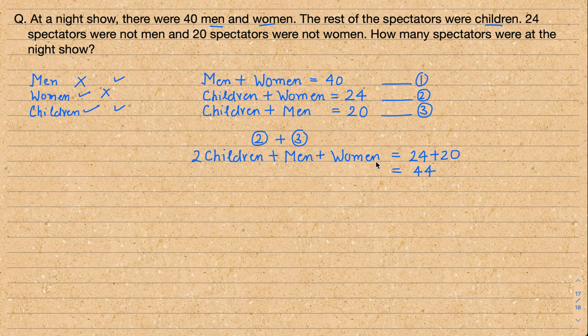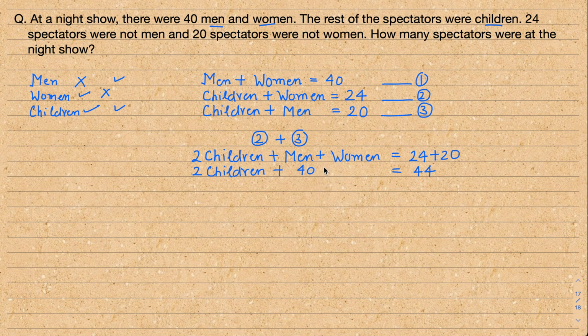Men plus women is 40, and children we don't know, we still have to calculate. So we keep 2 times children as it is, plus in place of men plus women we can write 40, because their total is 40.